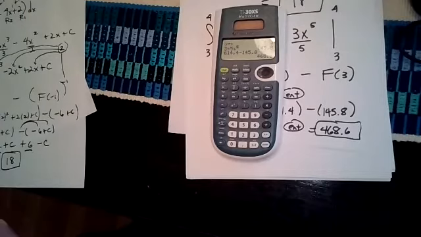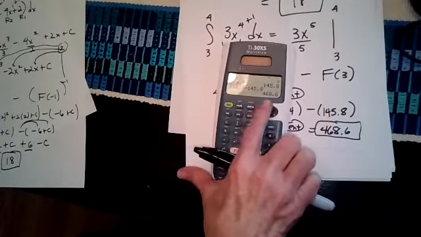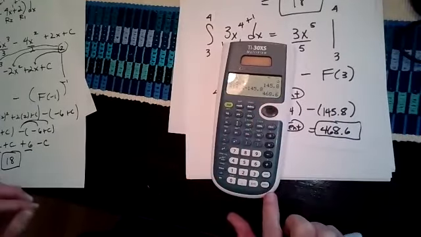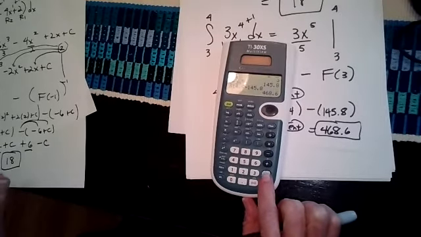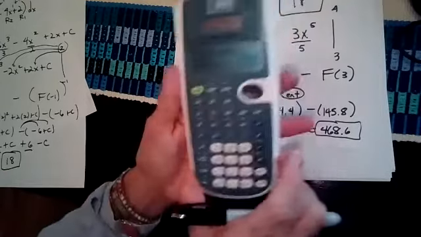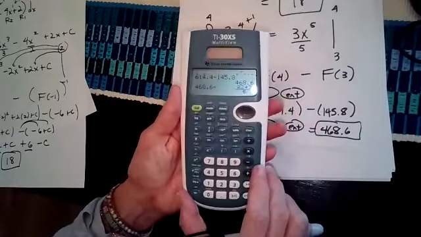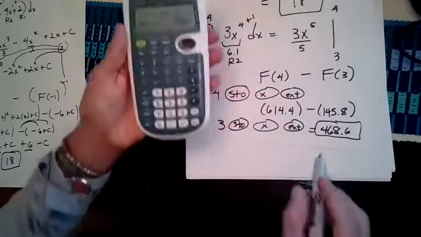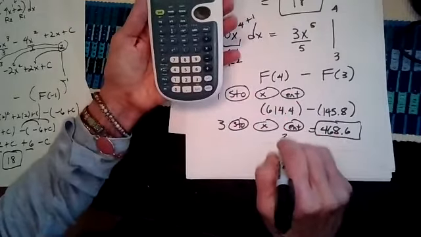Okay, so let's do that. I have that 468.6 on my calculator. Now this button right above the enter, this double triangle button, if I push that button, it makes an automatic fraction. So I can go back and forth with that. It is hard to see, but that is 2343 over 5.